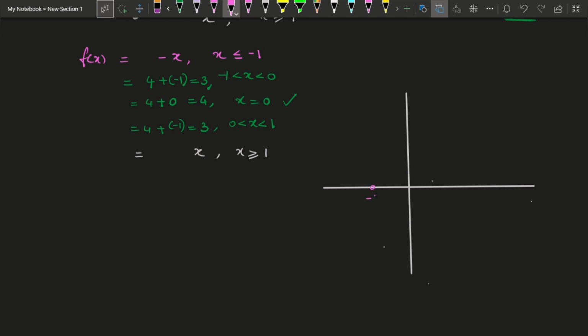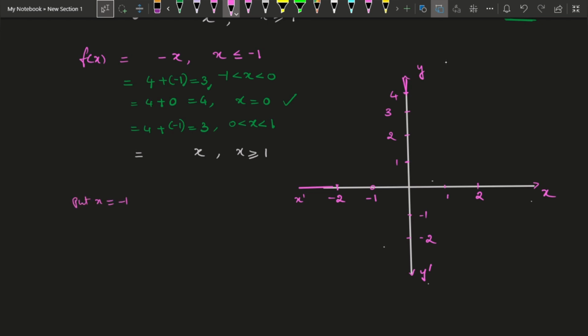So I am going to take minus 1, minus 2 and so on. Similarly this side 1, 2, 3, and this is 4. Here is the x-axis and y-axis.